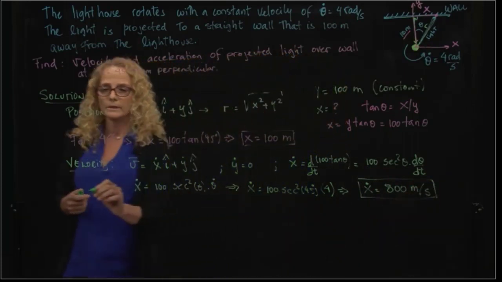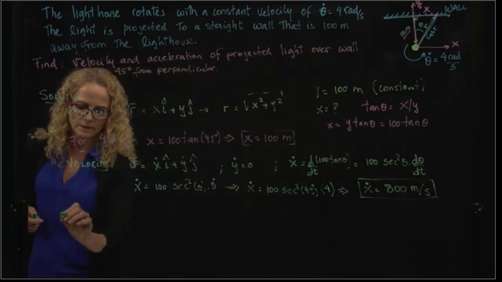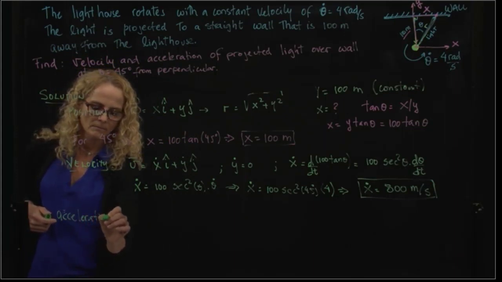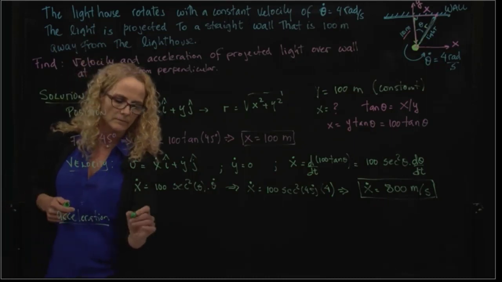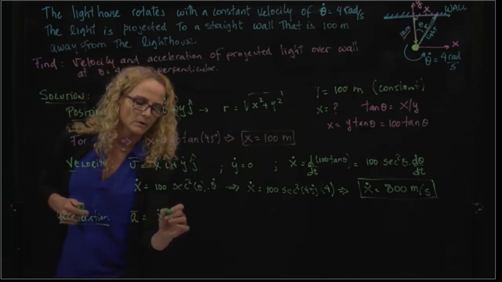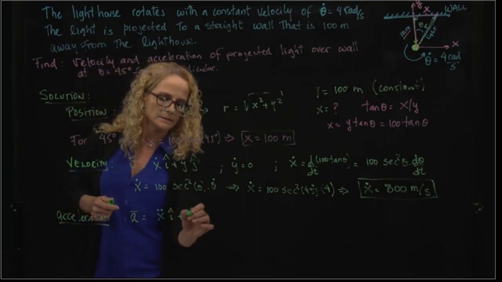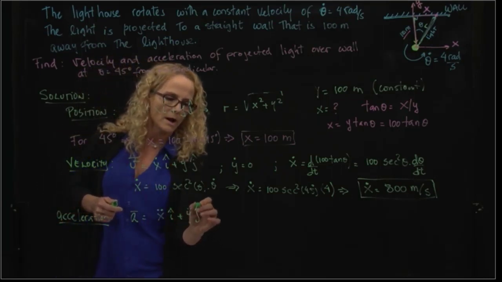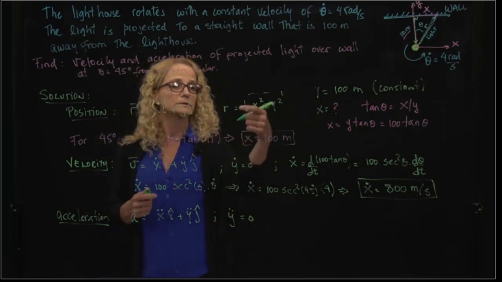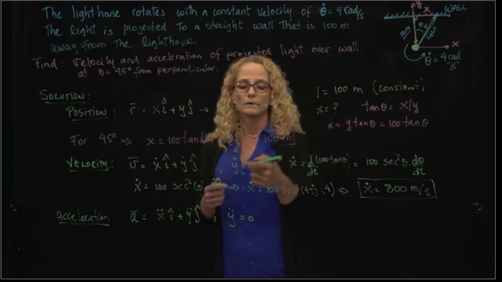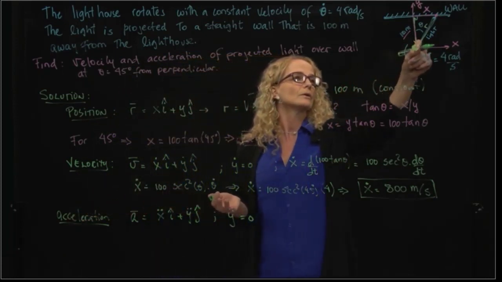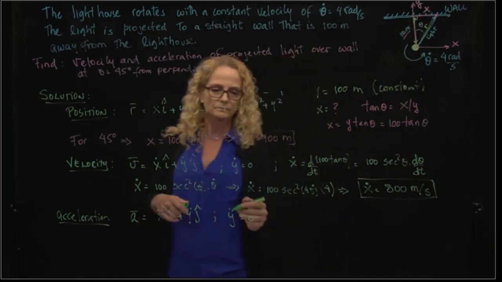And finally, we need to find, this was the position, velocity, and acceleration. The acceleration will be the second derivative of x plus the second derivative of y. We know that the second derivative of y is 0 because we have a constant position, a constant velocity, and then we don't have acceleration in y because the lighthouse is not going away from the wall.